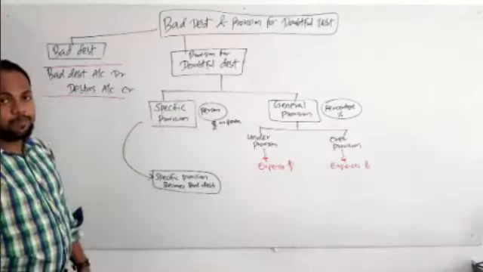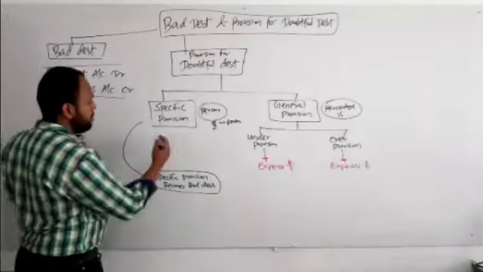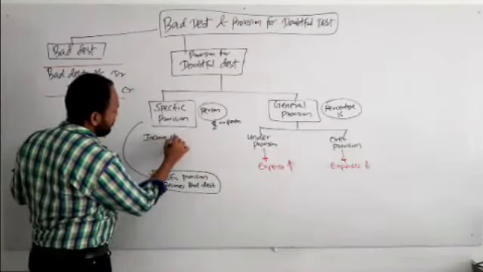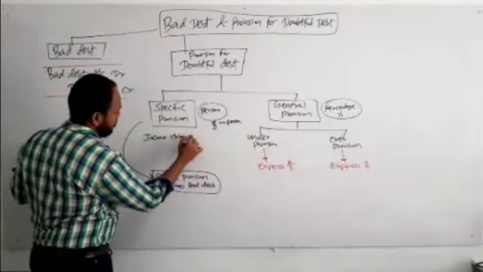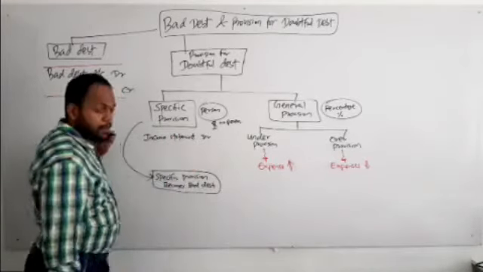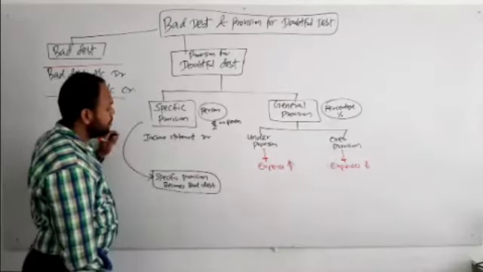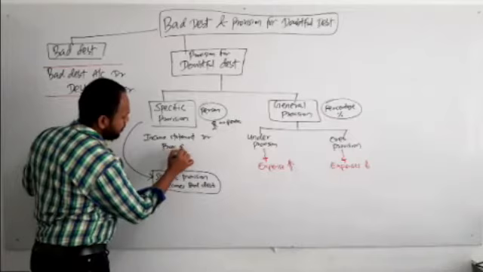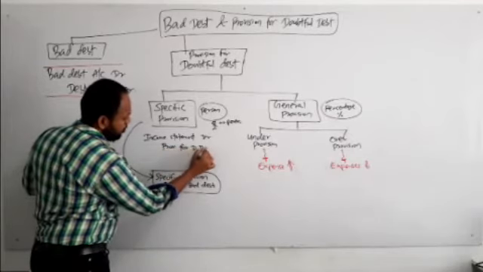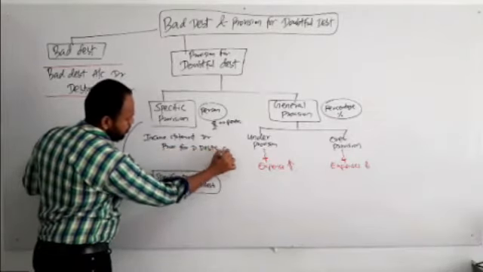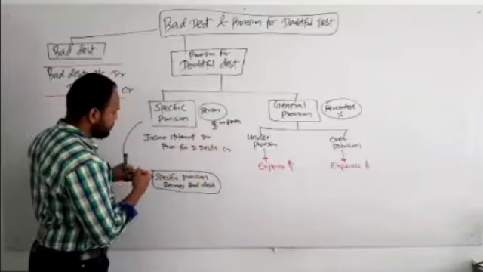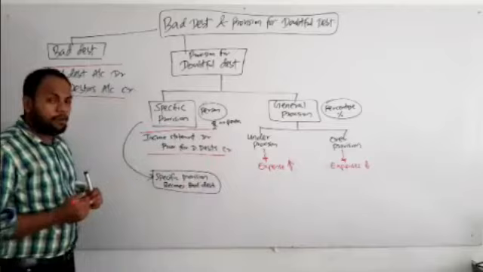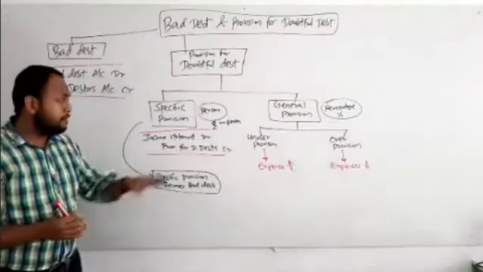Specific provision double entry will be income statement debit, and it is an expense, and provision for doubtful debt credit. Expense account debit, provision for doubtful debt account credit for Mr. Pereira.